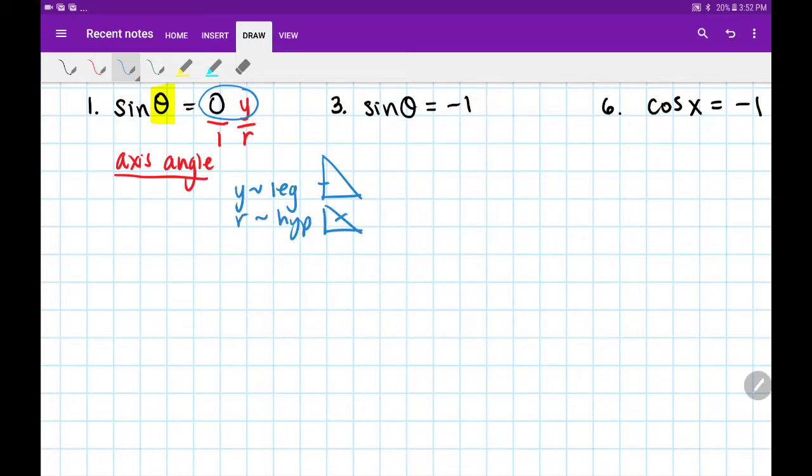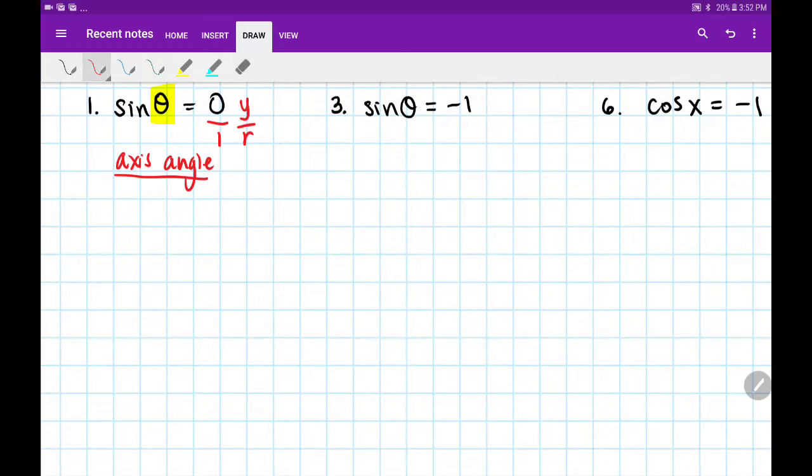So what this is saying is that when our hypotenuse is 1, my side length is 0. But wait, we can't have a triangle with a side length of 0. So this isn't a 30, 60, 90 or a 45, 45, 90 triangle. This is indeed an axis angle.